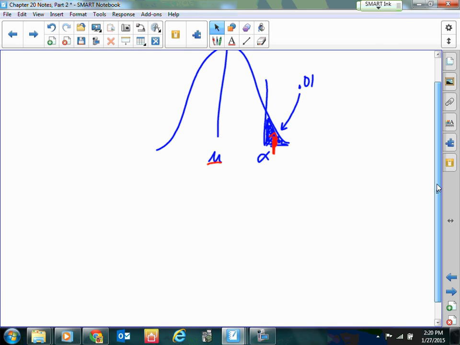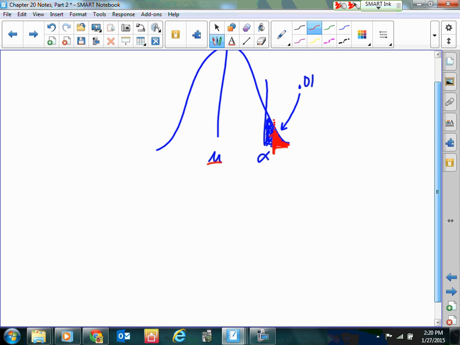Now, let's talk about this for a second. If your sample is in the rejection region, let's figure out its p-value. The probability of getting this sample or something more extreme would be this red area. What can you tell me about that size in comparison to alpha? How does this p-value compare to alpha? Greater than, less than, equal to?